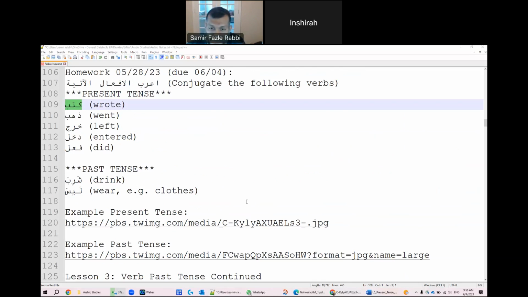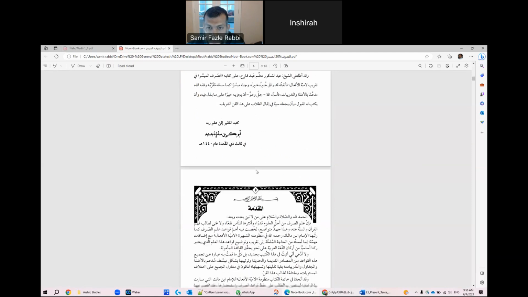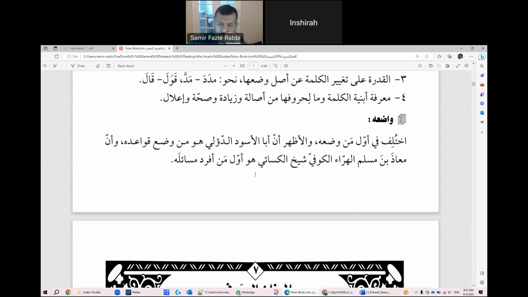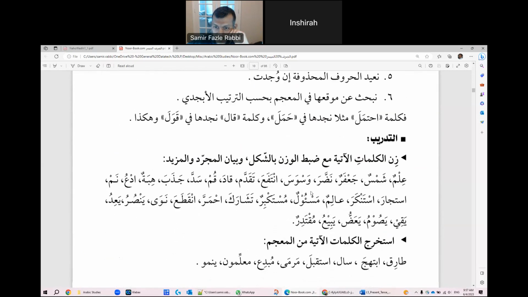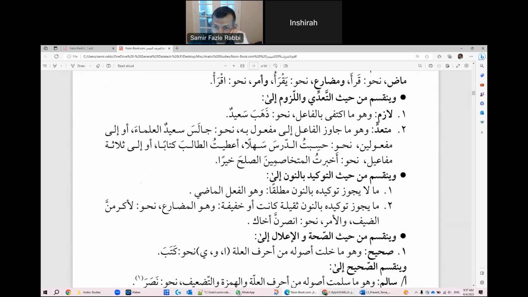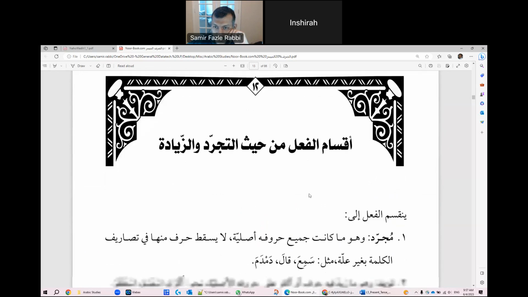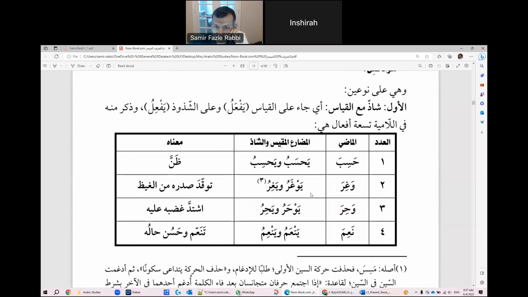It goes into the construction of individual words, because right now what we're doing is how the words interoperate with each other. There are some good tables in here.